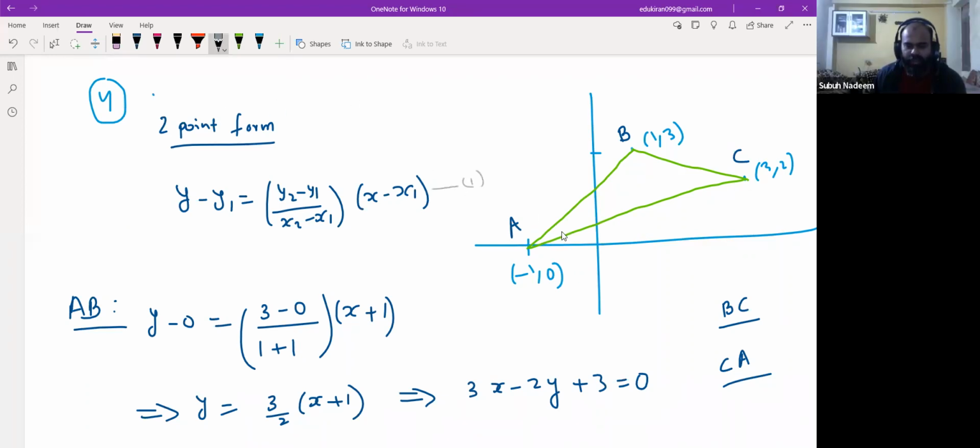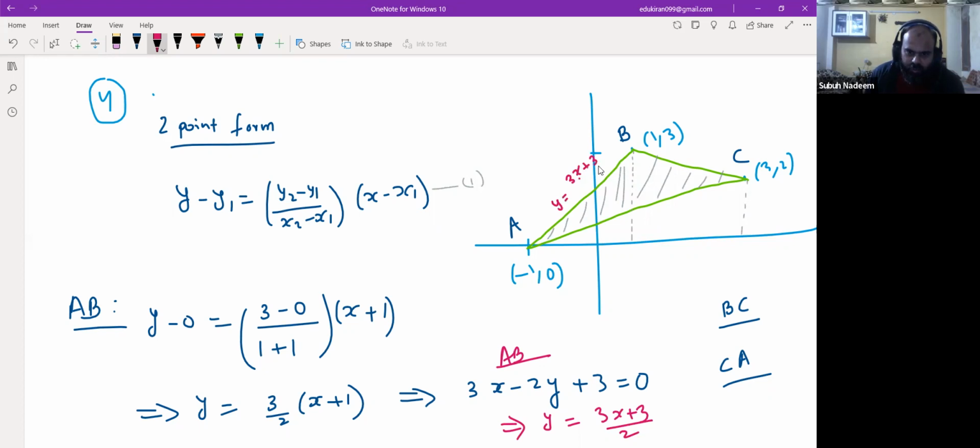After finding them, you have to find the area of this one and the area of this one. As you see here, this is the equation AB. From the equation AB, you can write y is equal to 3x plus 3 by 2. Similarly, for the others you will get y is equal to something.